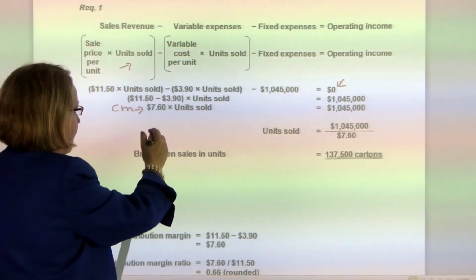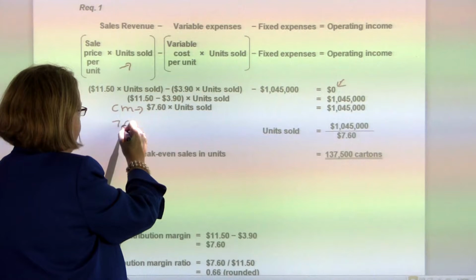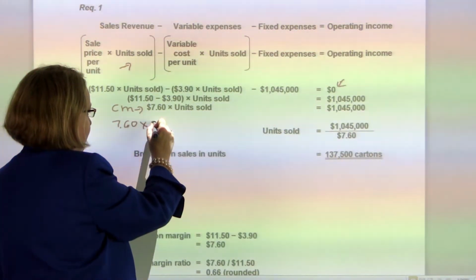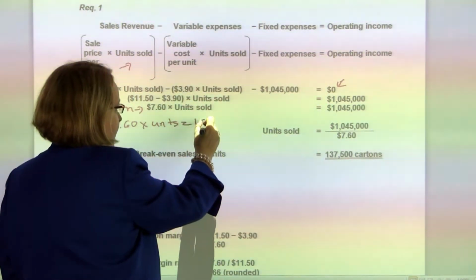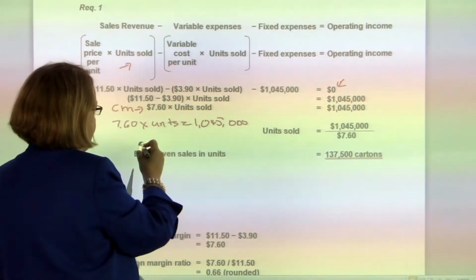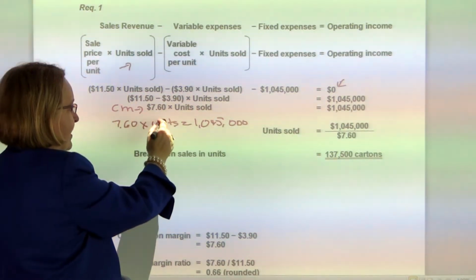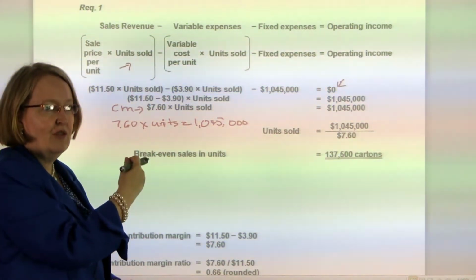So how we do that, as you can see here, your 7.60 times the number of units, that's what we're looking for, equals 1,045,000 in your fixed cost. To get X units on one side of the equation, you always want to get your unknown, the factor you're looking for, on one side.